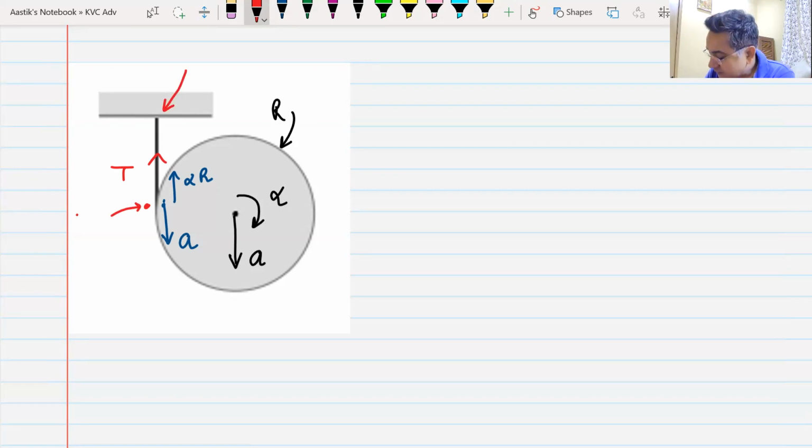So the acceleration of this point is zero. So the acceleration of the blue point should also be zero for the no slipping condition, and therefore a minus alpha R should be equal to zero, or a by R becomes alpha.